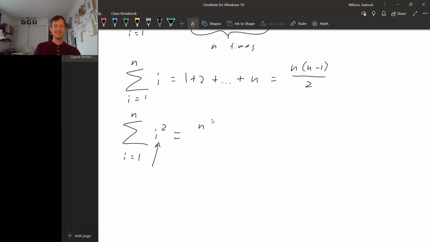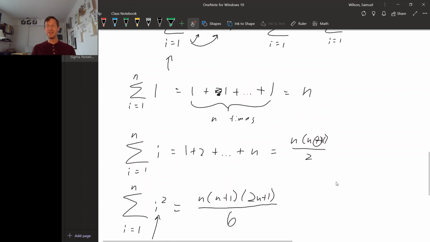It's n times n plus 1 times 2n plus 1 all over 6. So there are some nice geometric arguments to see why this is the case, but we'll just take it for granted that this is the case when we go to use these sums. Oh, I'm sorry, this one right here should be plus. So we'll take these formulas for granted and use these when we try to find approximate areas.